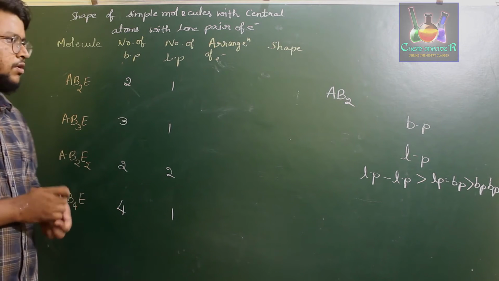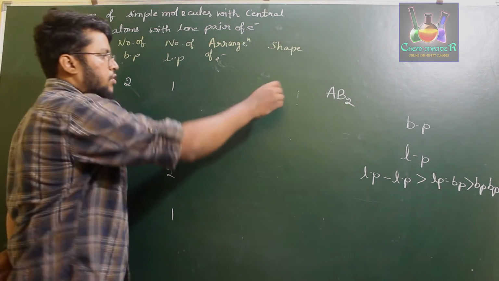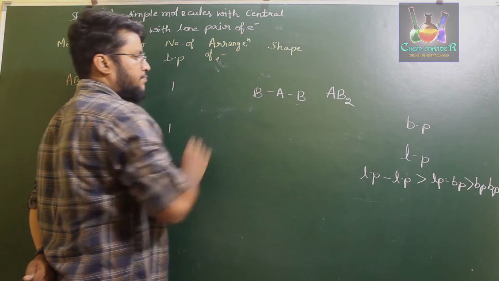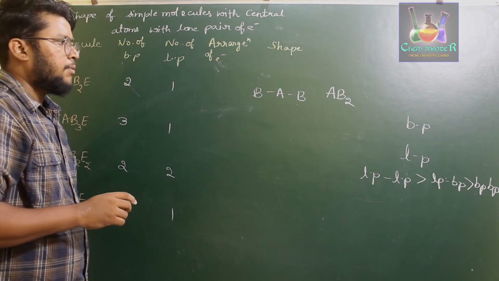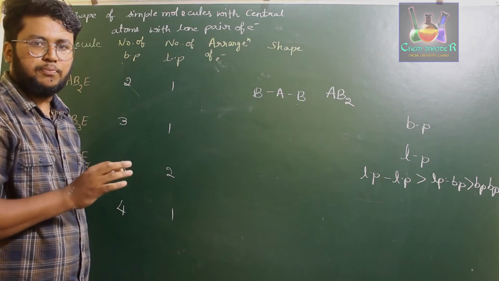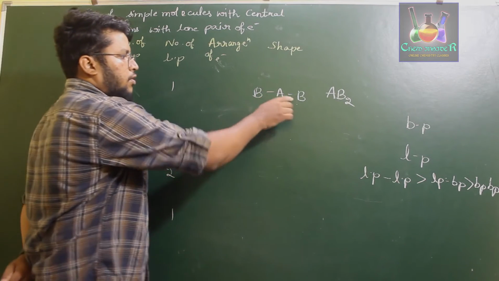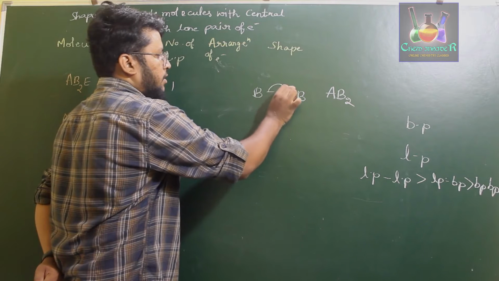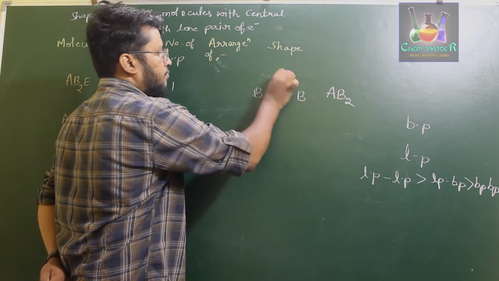If you consider this AB2E type of molecule, there are two bonding pairs of electrons and one lone pair of electrons. The actual AB2 molecule was linear, and since only bond pair repulsion is possible there, the two bond pairs are present at the maximum separation, that is 180 degrees.